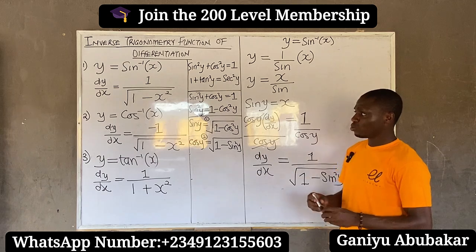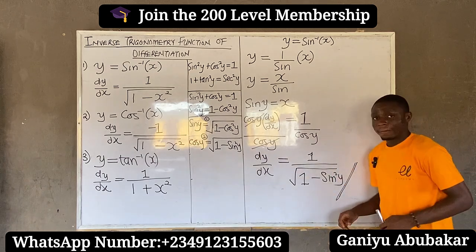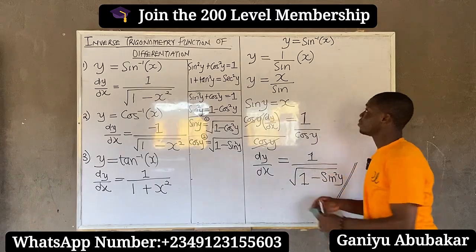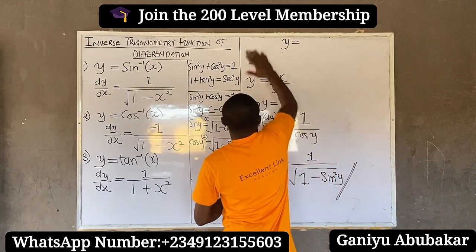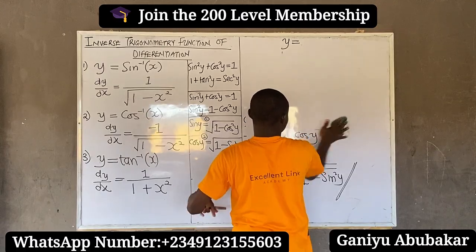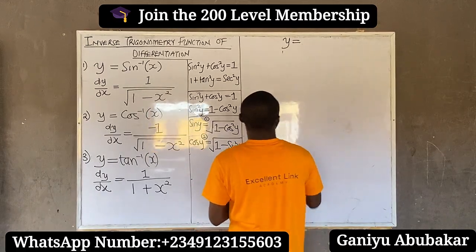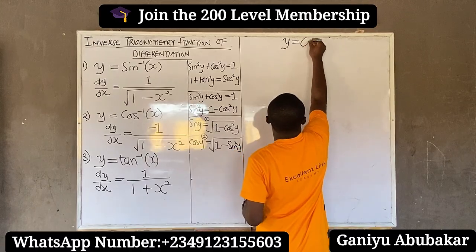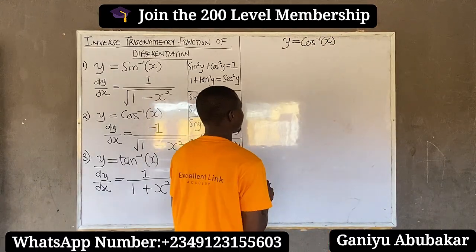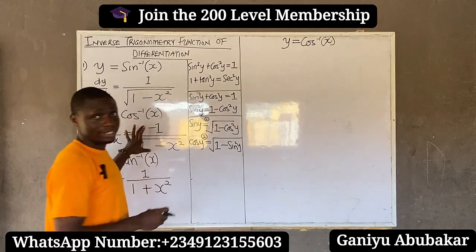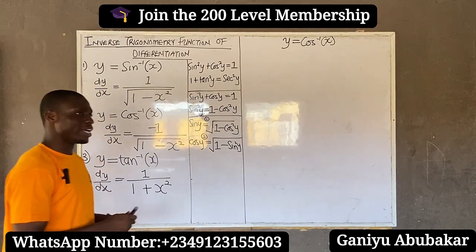Let's prove number 2 and see what we get. Given that y equals cos inverse of x, let's try to prove that dy dx is negative 1 all over root 1 minus x squared.